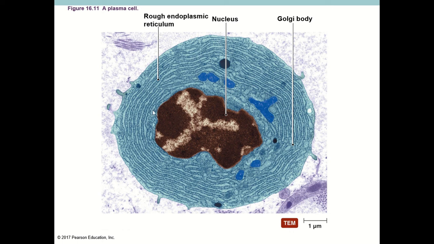What we're looking at here is the nucleus of the cell, and this is the entire cell right here. Most of it is made up of rough endoplasmic reticulum. It's got a lot of Golgi bodies as well. Keep in mind, these are specific for the production of antibodies, 5 different kinds of antibodies.